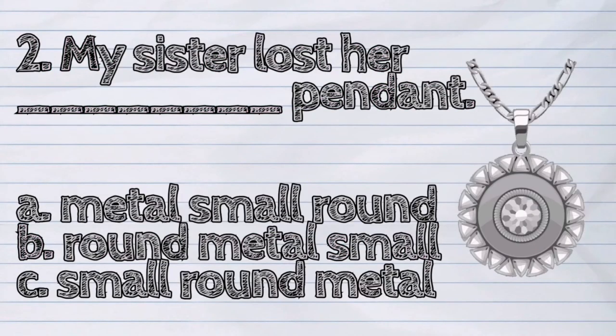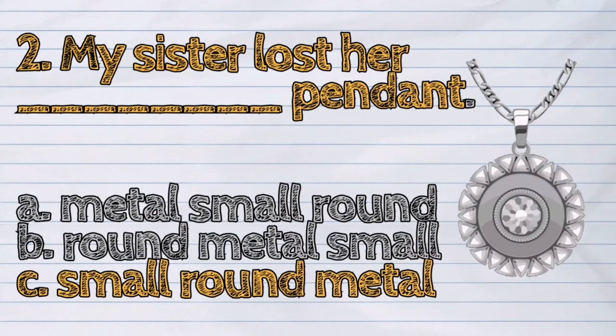Number 2. My sister lost her blank pendant. A. Metal, small, round. B. Round, metal, small. Or C. Small, round, metal. The answer is my sister lost her small, round, metal pendant.